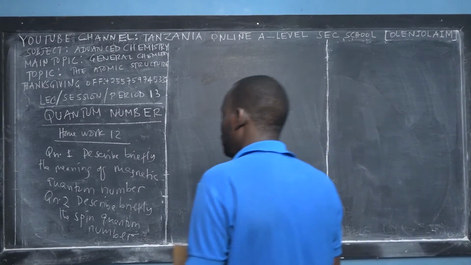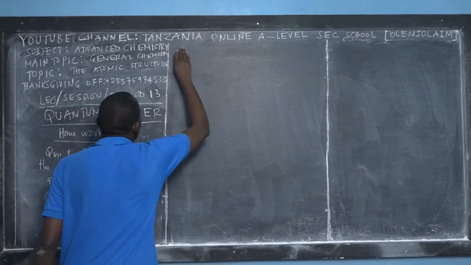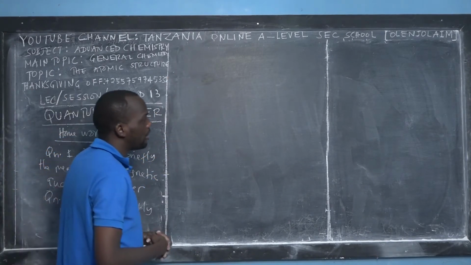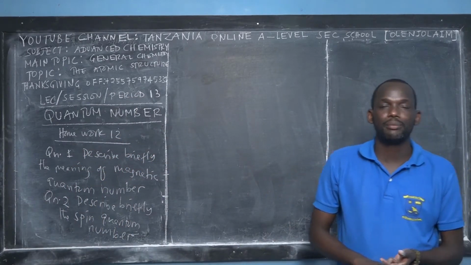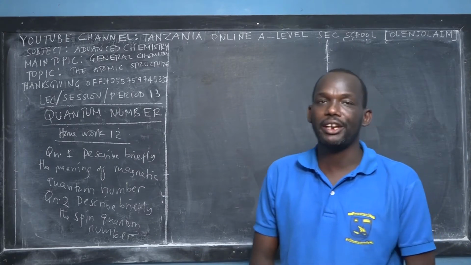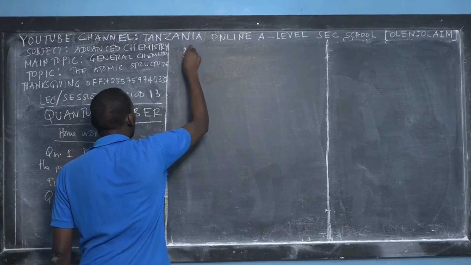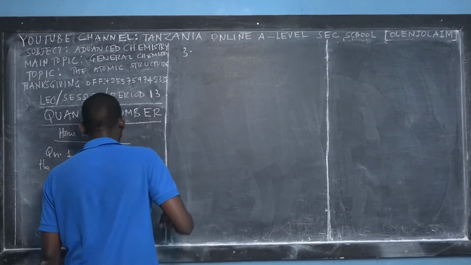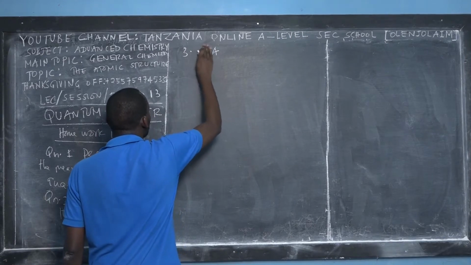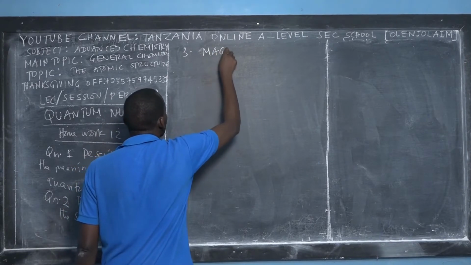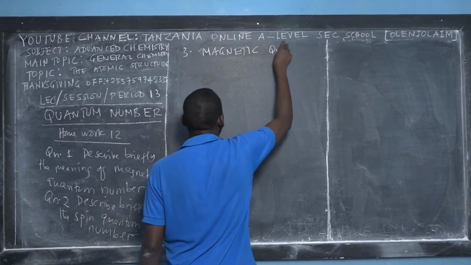I'll do corrections on these two questions, and I would like to start with the magnetic quantum number, because we say that we have four types of quantum number: principal quantum number, subsidiary quantum number, magnetic quantum number, and spin quantum number. So I would like to teach you in this lecture all about the magnetic quantum number.